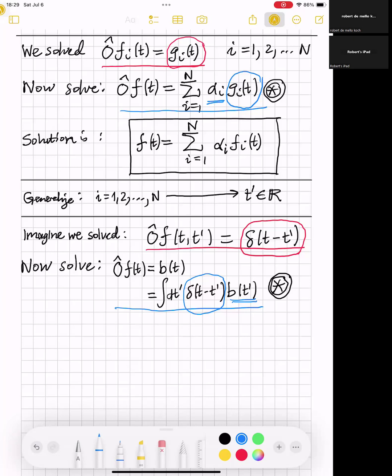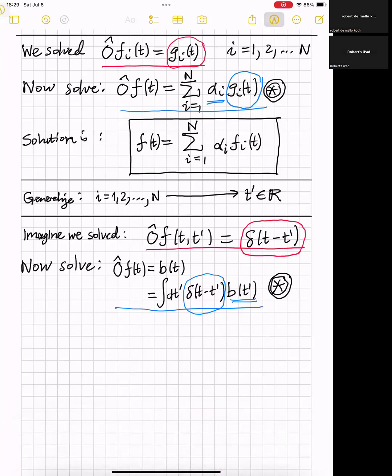Now, what is the solution? Well, the solution is, so we will have f of t equals this discrete sum over i is going to become an integral over dt prime.